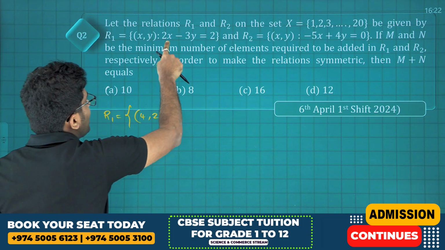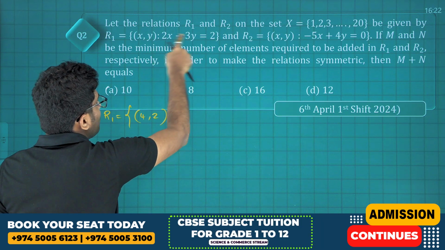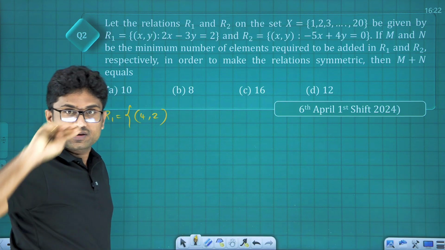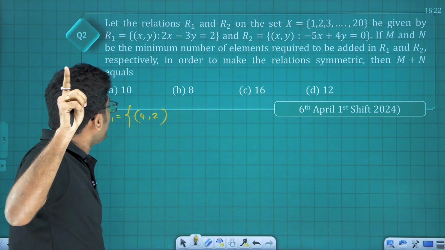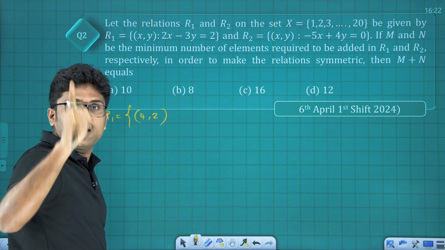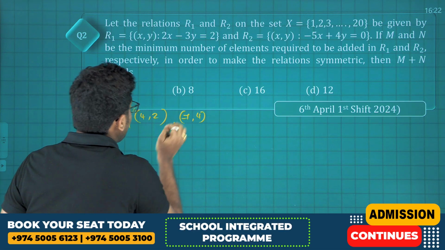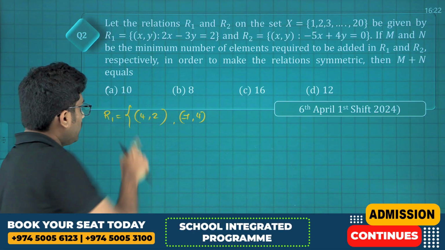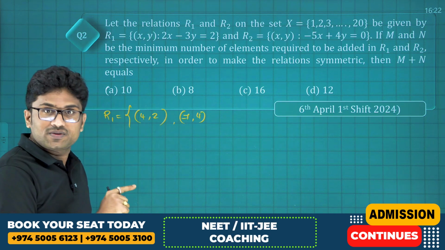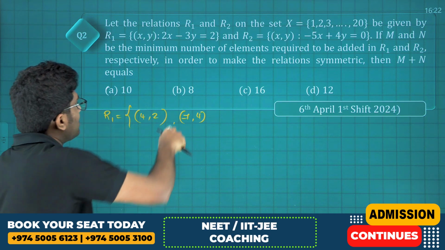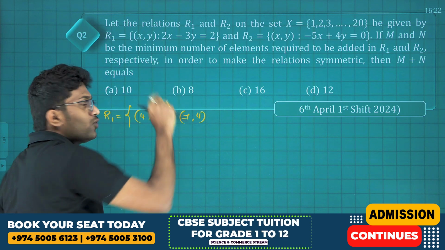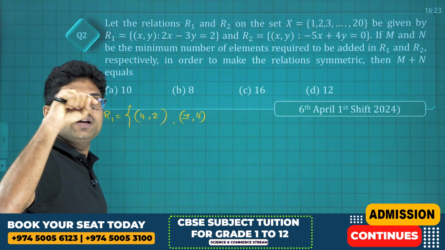See, 2 4s are 8, minus 6, 8 minus 6 is plus 2. Next, 7 comma 4 is an element which belongs to R1. Why? Because 2 7s are 14 minus 4 3s are 12, 14 minus 12 is 2.